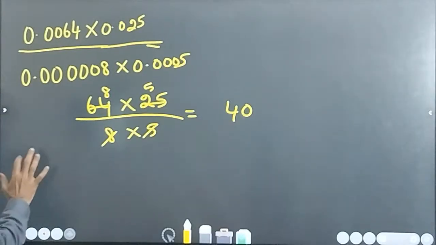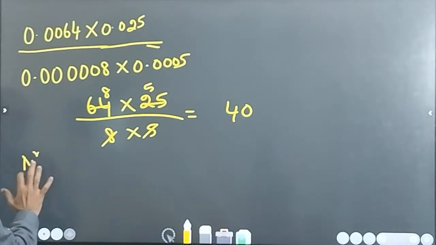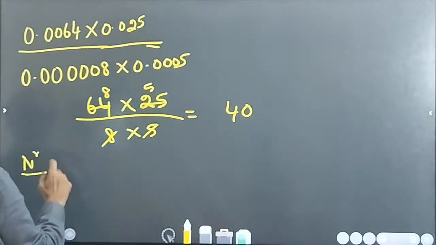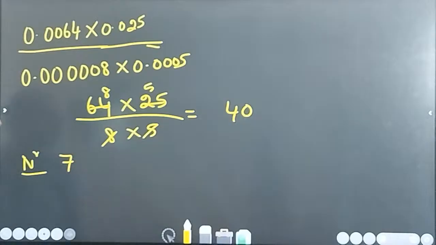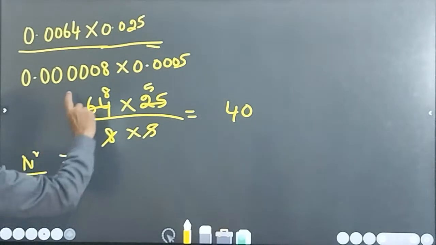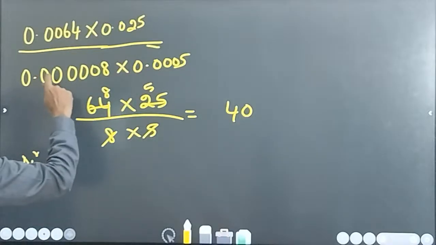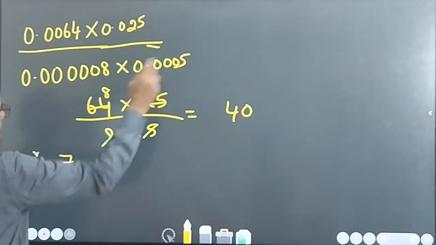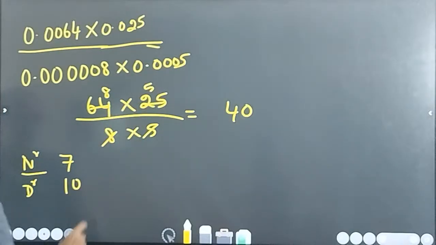Now go to the numerator. After the dot, how many digits are there? Just count. 1, 2, 3, 4, 5, 6, 7. Numerator, how many digits? 7. Come to the denominator. After the dot, how many digits are there? 1, 2, 3, 4, 5, 6, 7, 8, 9, 10. Denominator, 10 digits are there.